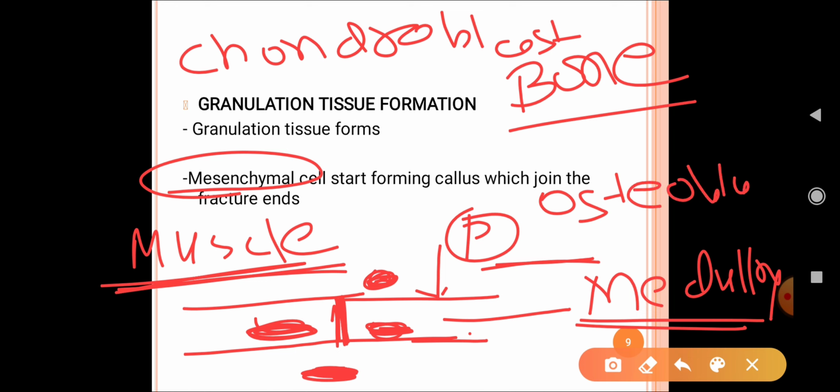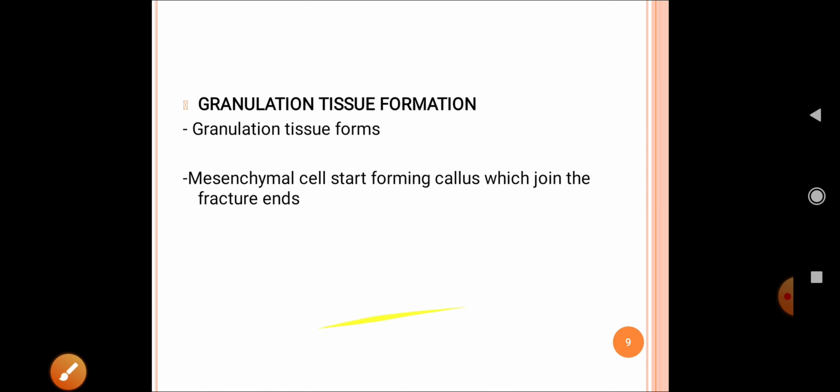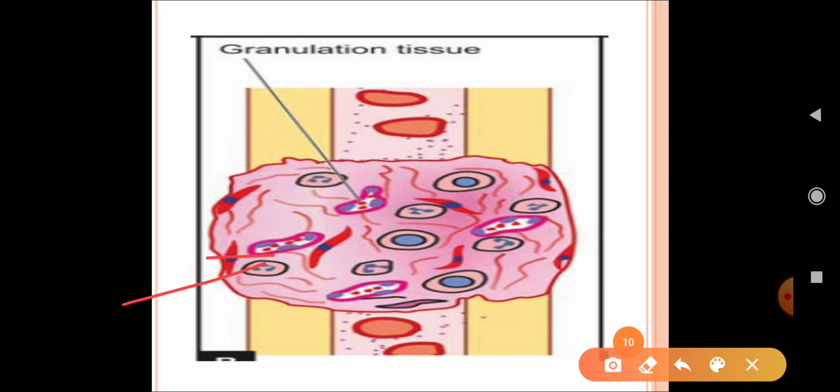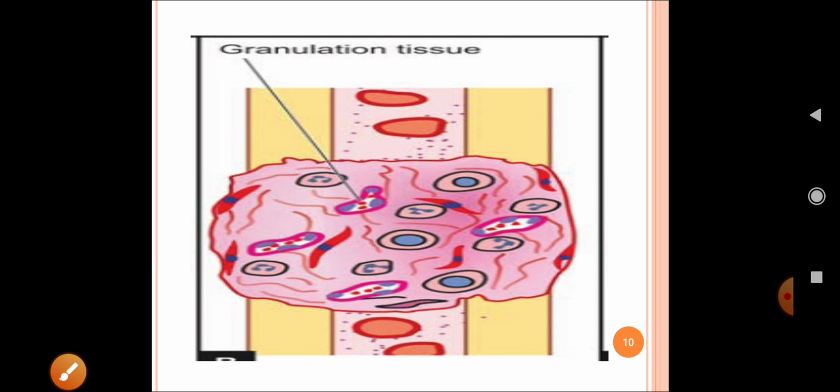So they can form the cartilage from the chondroblast, and from the osteoblast they can form the bone. So the proliferated mesenchymal cells will form the cartilage and the bone, and that is known as procallus formation. So this is the figure showing the granulation tissue. This is the new blood vessel, and here there is a fibrosis, that is known as granulation tissue, newly formed blood vessel and the fibrosis.